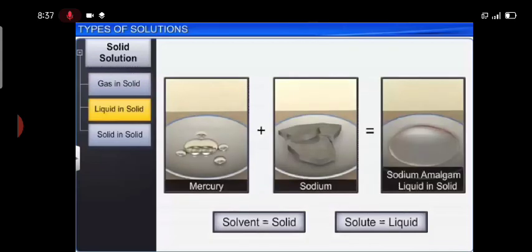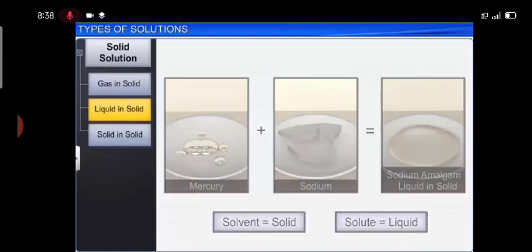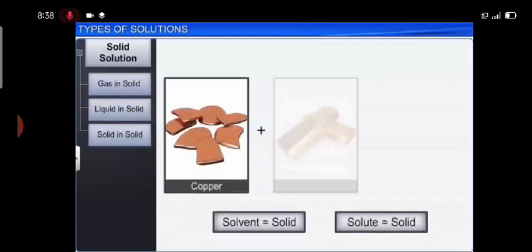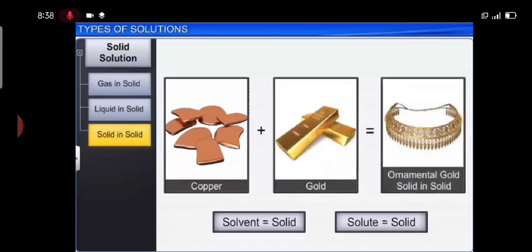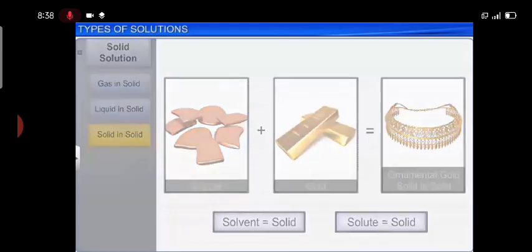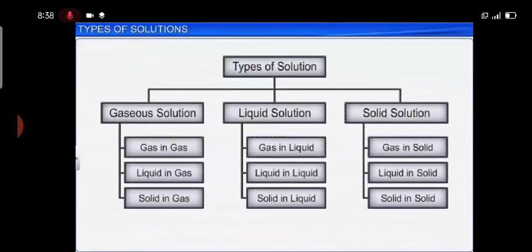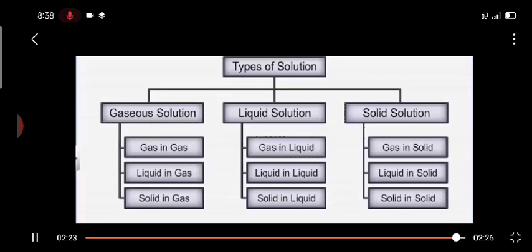While copper dissolved in gold is an example of solid in solid type of solution. Out of the various types of solutions we just discussed, the most significant are those that are in the liquid phase. We will therefore confine our study to binary liquid solutions.